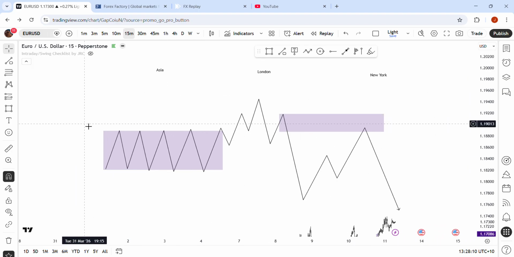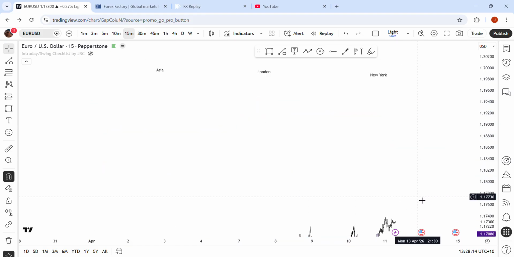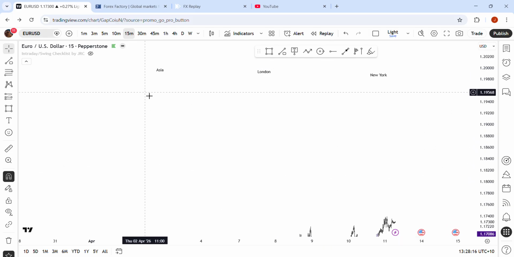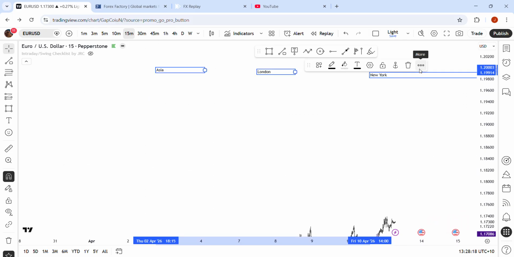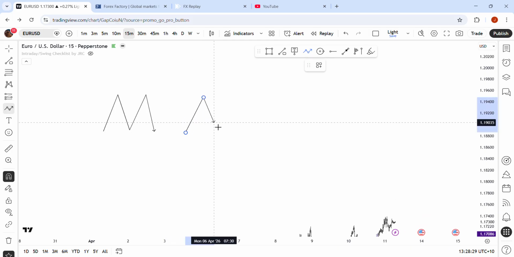I will now be talking about liquidity. So when I got introduced into liquidity, I've learned many different types of concepts of liquidity. I've learned double tops. I've learned triple tops.